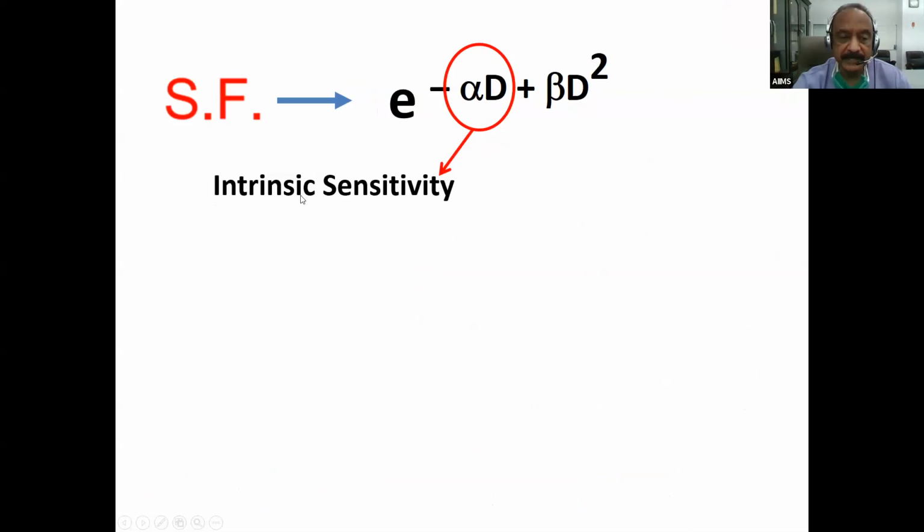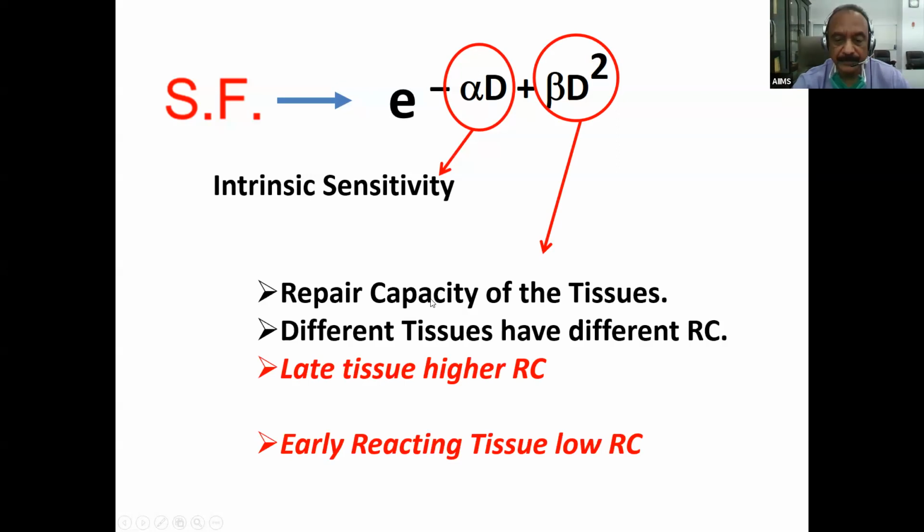square. Remember, the alpha D basically represents the intrinsic sensitivity of the cell line, while beta D square represents repairable damage. And remember that the repair capacity of different tissues is different. And this damage will depend upon the repair capacity of the tissue.